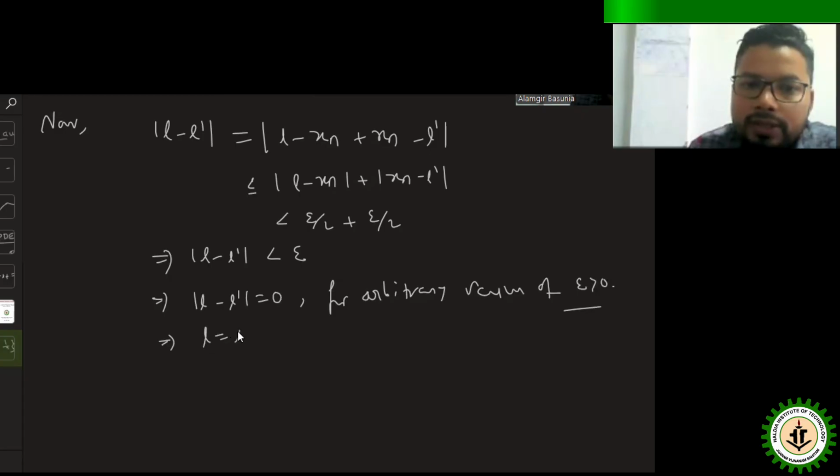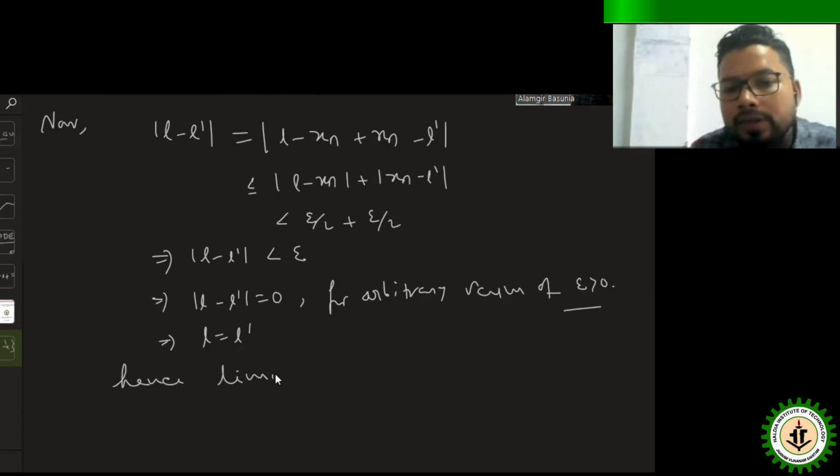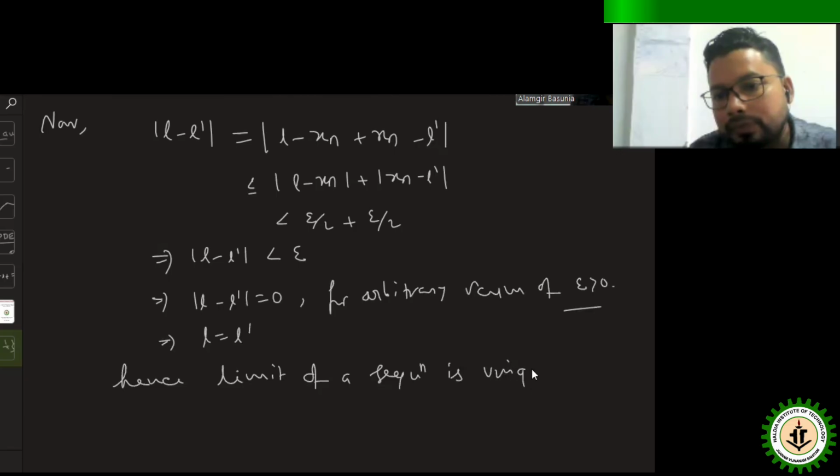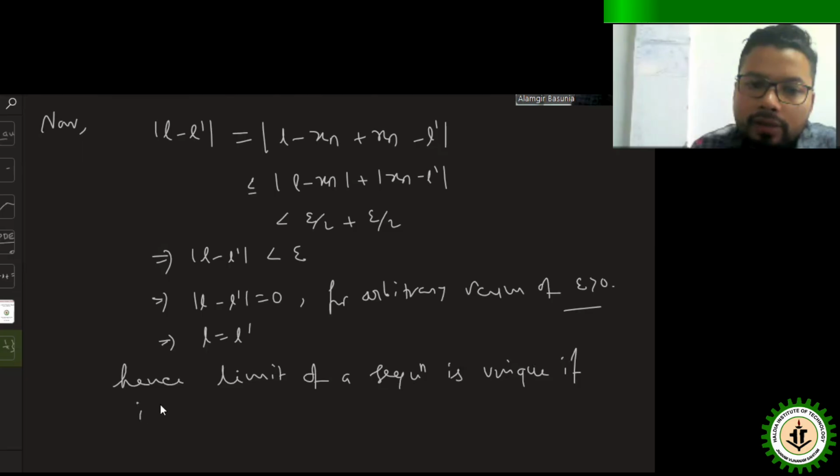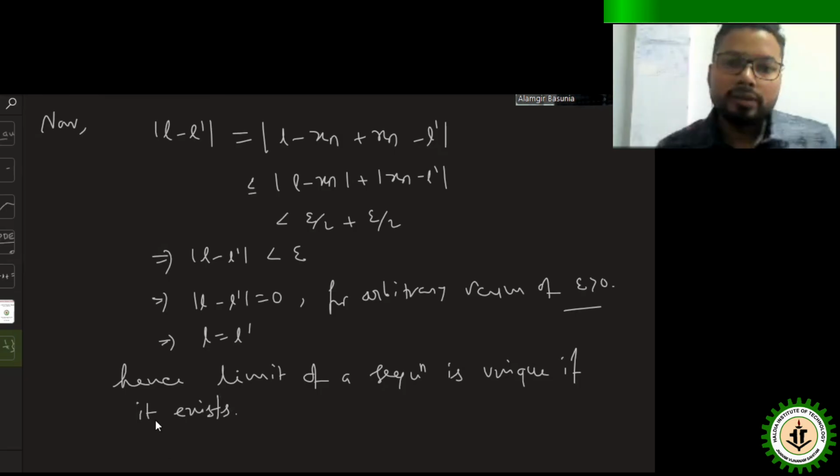So both are the same. Hence the limit of a sequence is unique, if it exists. Okay, thank you.